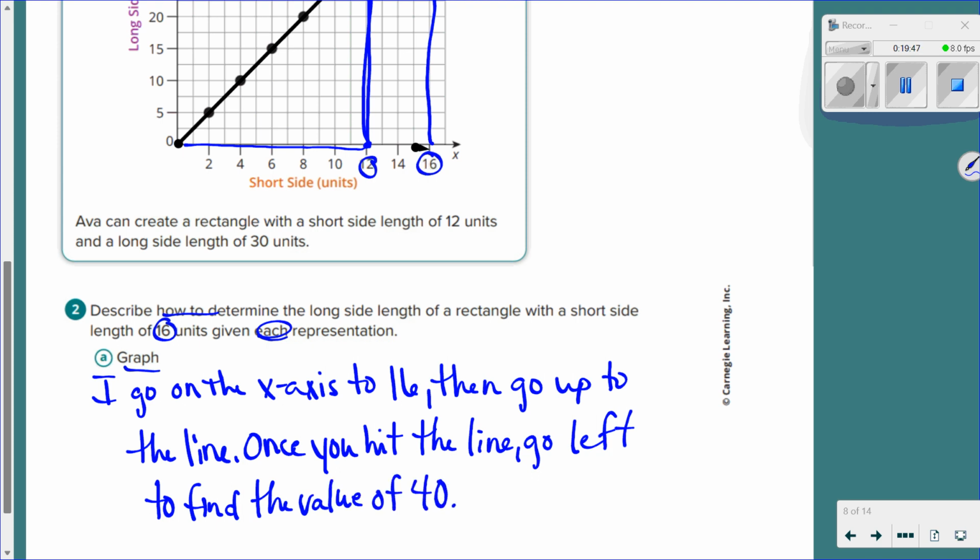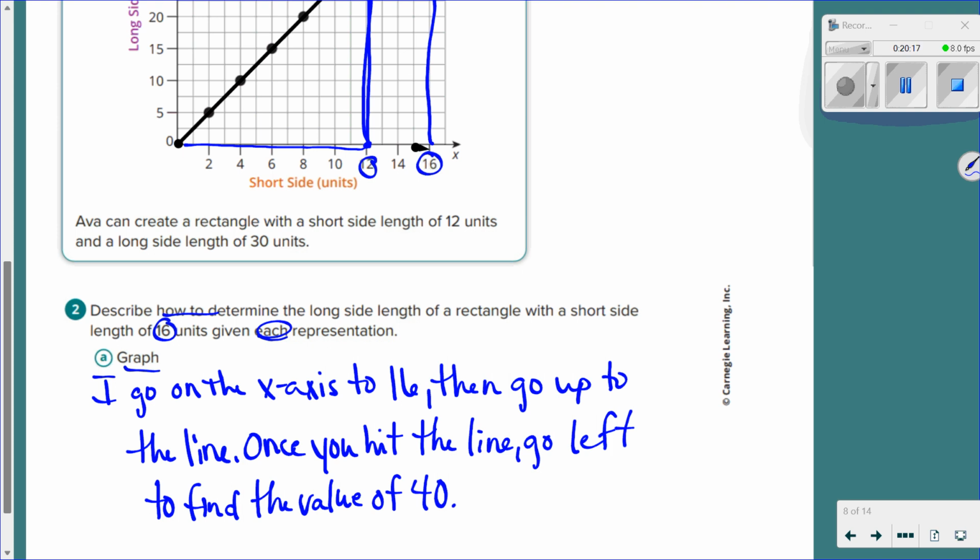Is that pretty easy to do? Yeah. All honest with you, guys, this is one of the biggest advantages to using a graph: making predictions. Once I have my line in place, now it's really simple because all I got to do is go over to the value I want, go up to figure out where it intersects, and I go left to figure out what that value is. Graphs make that super, super easy to make predictions.